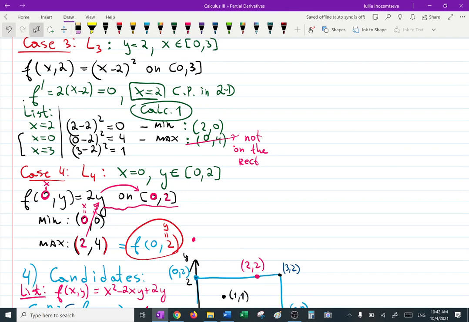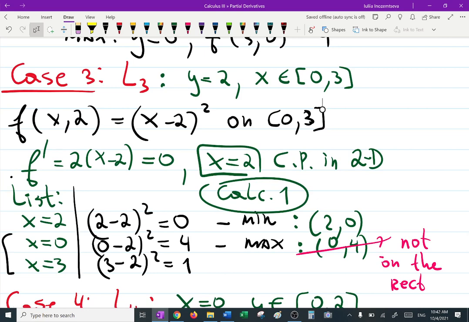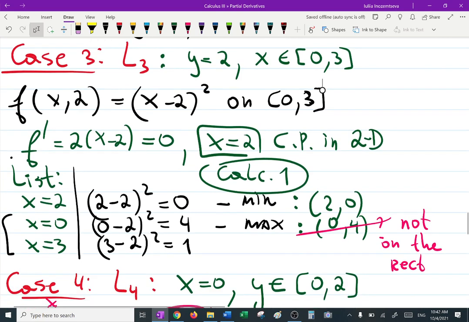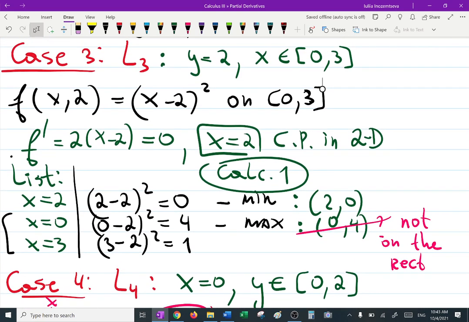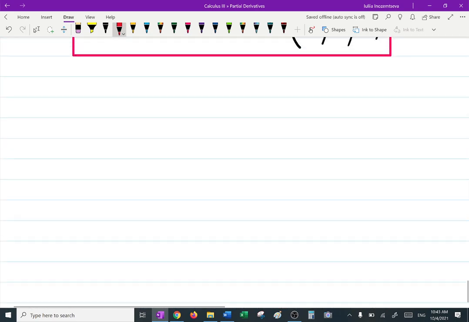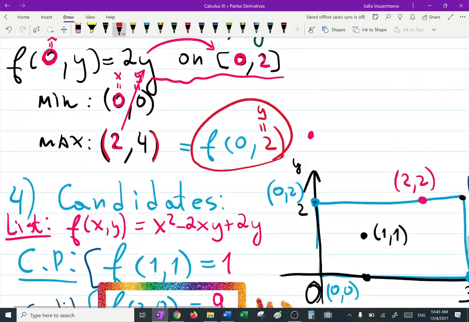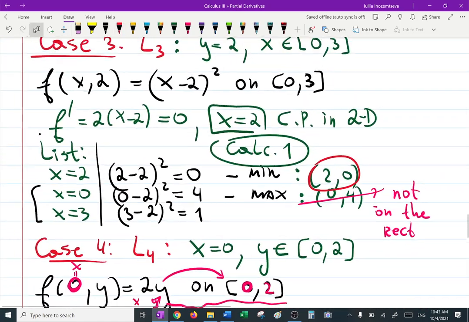Real quick, I have a question. On case 3, our min was (2, 0), right? So if that's in the domain, why is that not one of our options? (2, 0) is in the option here. Let's check it. Oh yeah, why is it not?